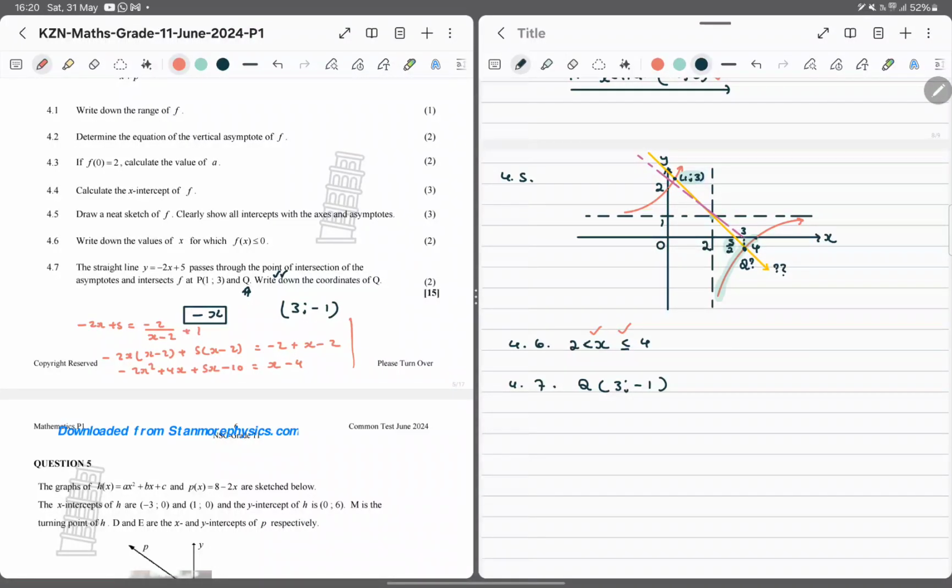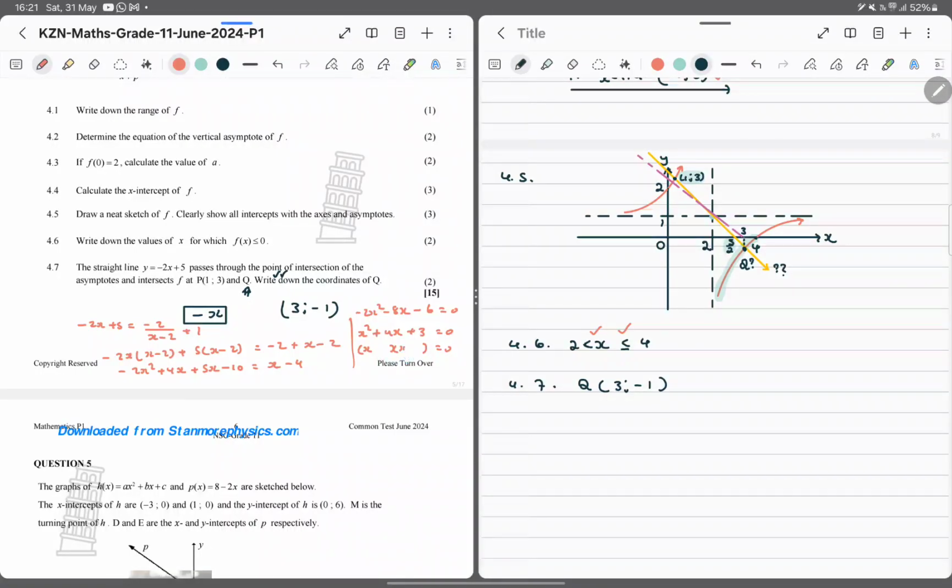We sort this out, we get minus 2x squared, 9x minus x is going to be minus 8x, minus 10 plus 4, that's going to be minus 6, equal to 0. We divide by 2: x squared plus 4x plus 3 is equal to 0.